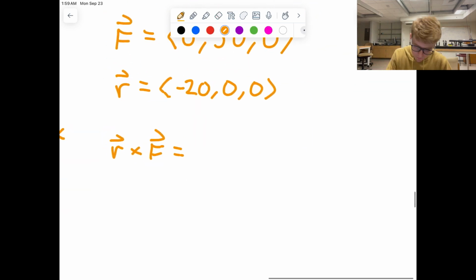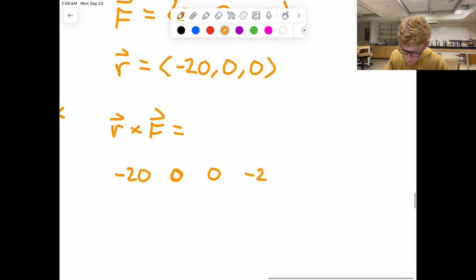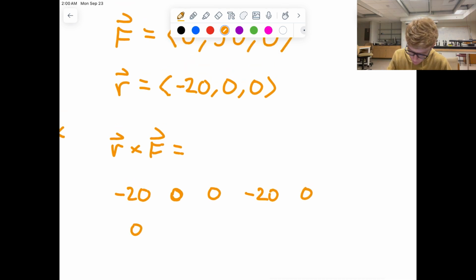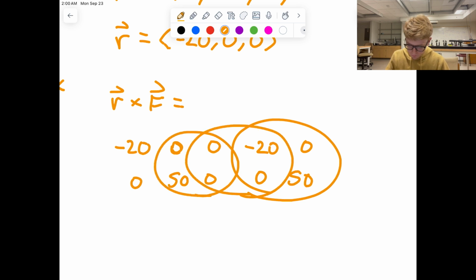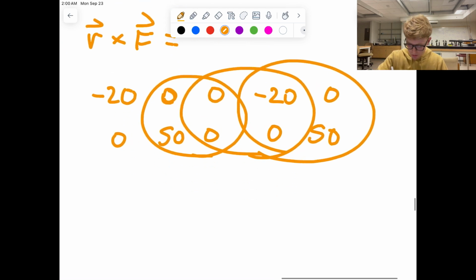Okay, so let's just keep on going here. Let's write out r: -20, 0, 0, and then repeat the first two elements. And let's write out F: 0, 50, 0, and then we repeat. Then we can circle our groups of 4. Now we get 0 times 0, which is 0, minus 0 times 50, which is still 0.